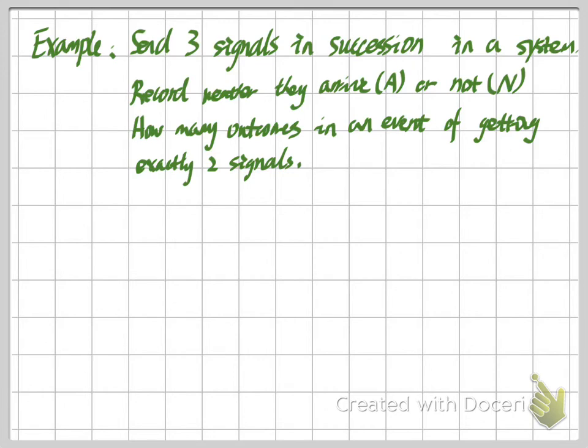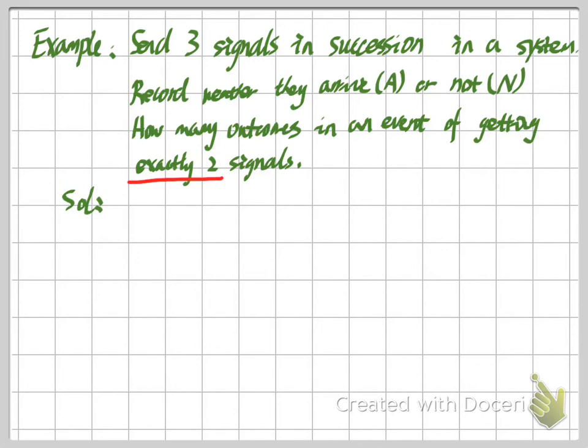In fact, this question is about permutation of similar objects. What we are interested in is only that exactly 2 signals arrived. We don't care whether these 2 are first or second or third, and we don't care about which 2 we get.